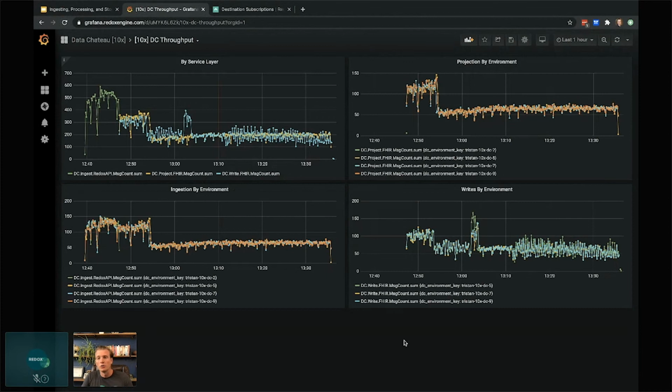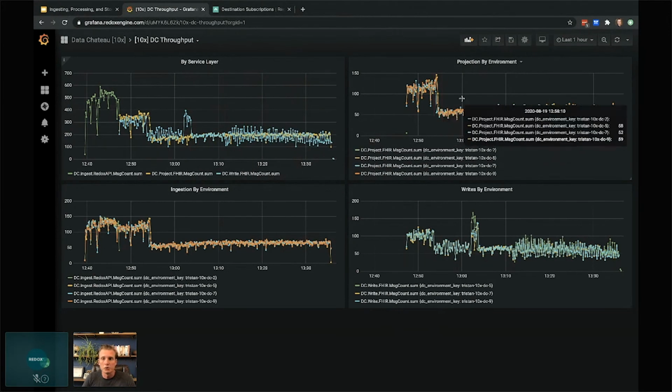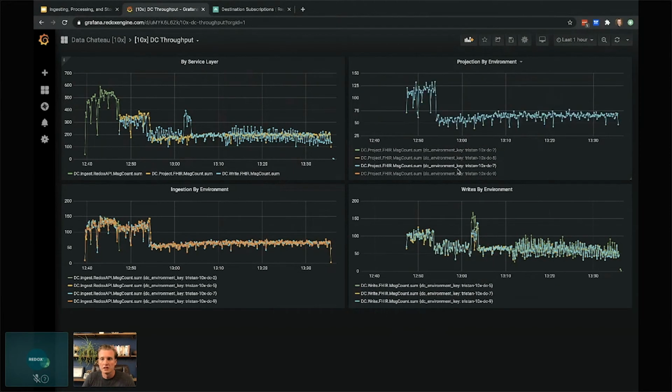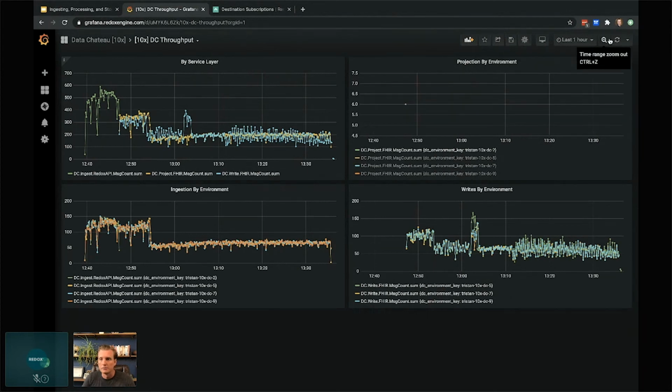What I'm showing now is our dashboard that's going to show data flowing through our system. It shows here on the left an overall throughput of each layer of our architecture, our ingestion layer, our projection layer, our writing layer, and then each one of these graphs shows, on an environment by environment basis, the throughput for that environment.